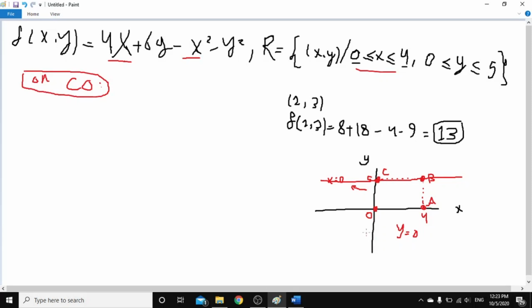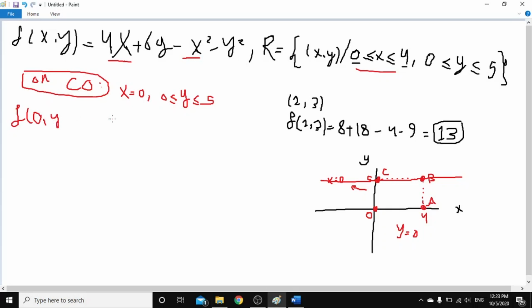On CO, we have the x values, and x is equal to 0. This is the first step. And then y is greater than or equal to 0 and less than or equal to 5. So from here, we say f of 0 comma y.